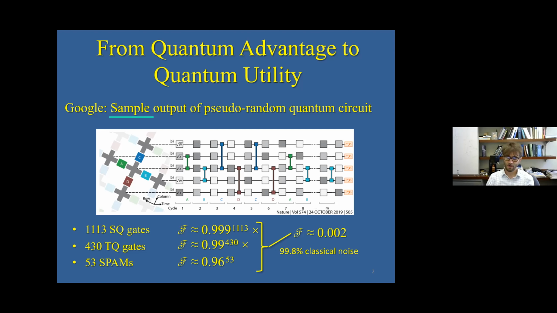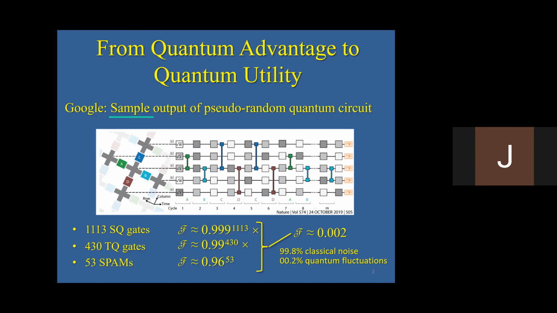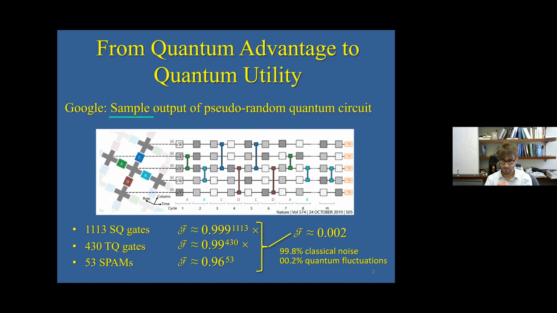So when this processor does execute its algorithm with no errors, it is not producing a state that is an eigenstate of the measurement. As a result, the measurement itself brings in what we call quantum projection noise. So we've got mostly classical noise, and then we have quantum fluctuations on the remainder of the output. And so this might be one of the things that we can look at as an avenue for improvement in the future.